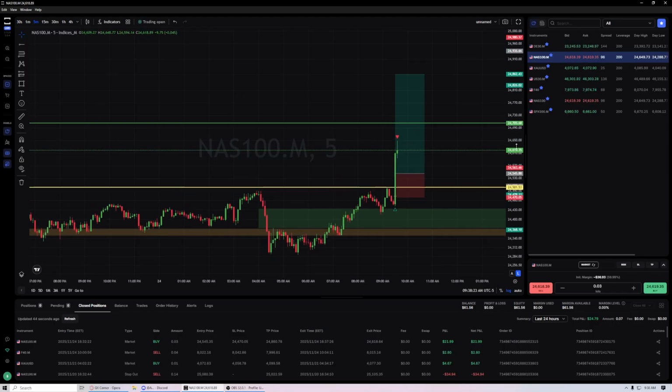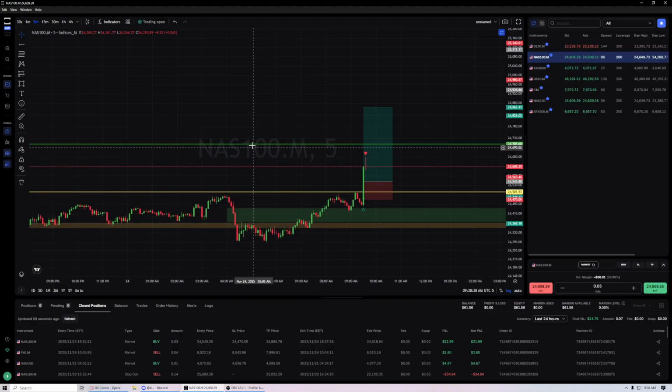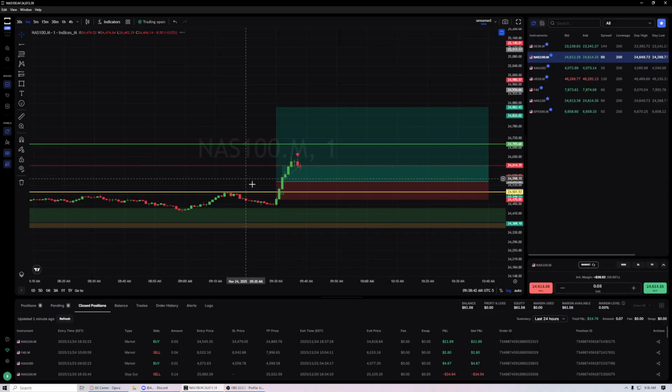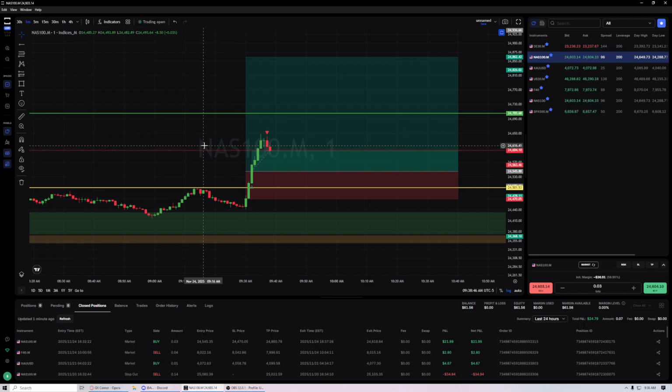I think it'll go up all day, but it would have been nice to move break even here. It's just a very weak buying pressure now, so that's why I ended up closing.